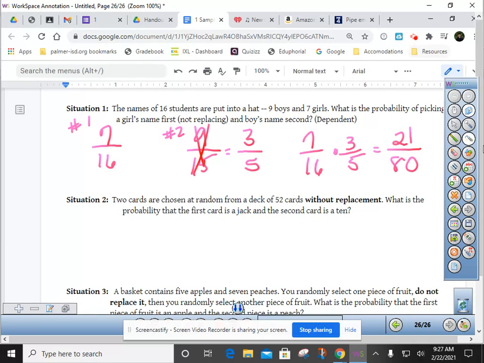The second event depended on the first event. That means you did not put the name back in the hat. You with me? All right, go ahead and write that down.